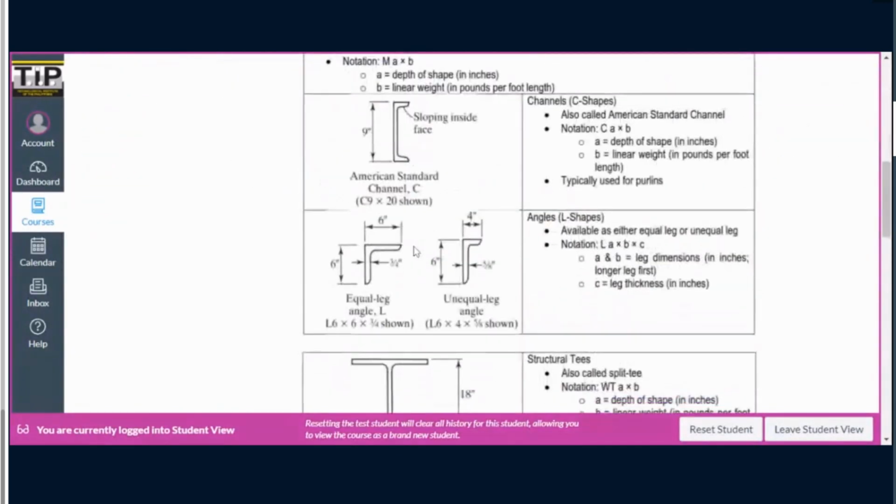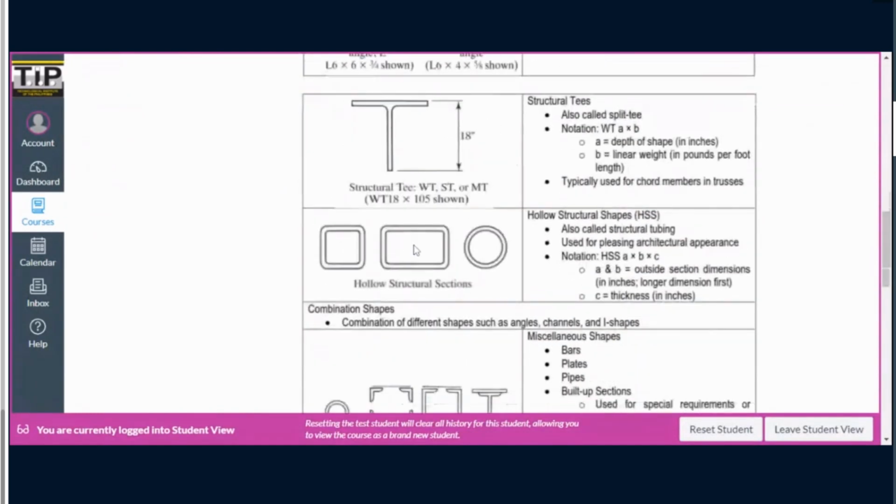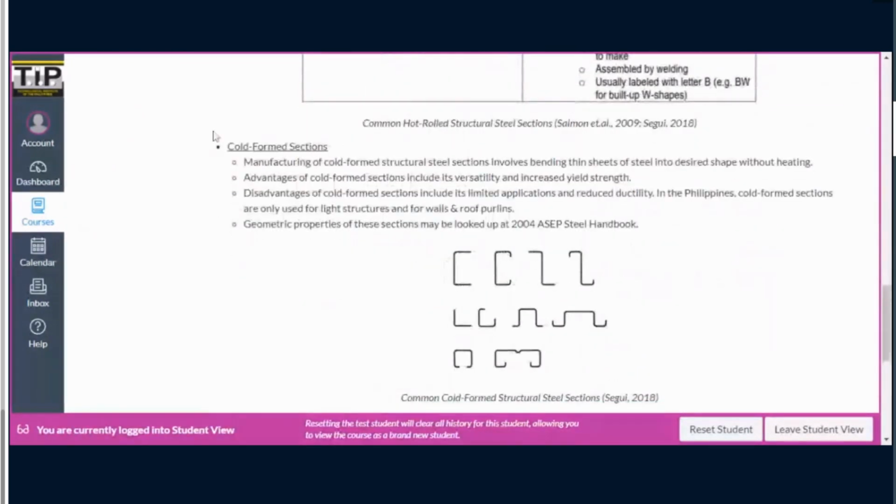So another type of structural steel section is what we call the cold form section. So what you do is you only need thin sheets of steel and then you bend them without applying heat. You bend them into these shapes. No? So you have a sheet of steel, and then you put them into a forming machine in order to form these shapes without application of heat.